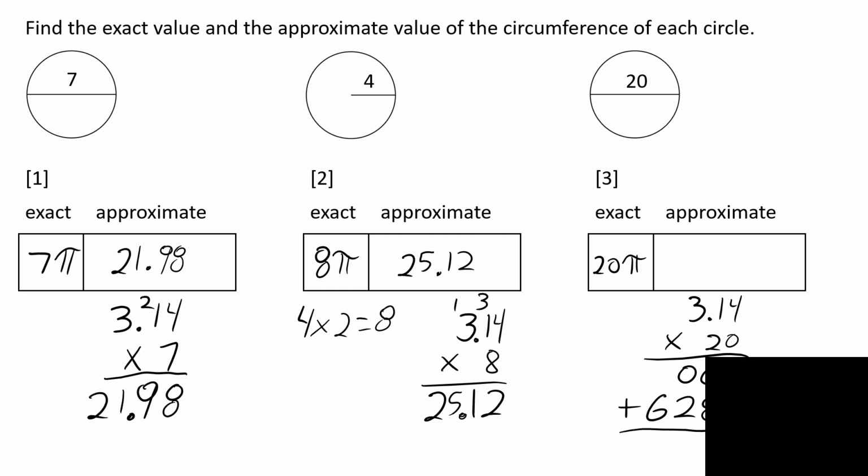I got to add those together. Get 0, 8, 2, 6. One of the factors had 2 digits behind the decimal, so the product has to have 2 digits behind the decimal. Now, when we write the answer, I can actually write it as 62.8. I don't need the 0 behind the 8. All right?